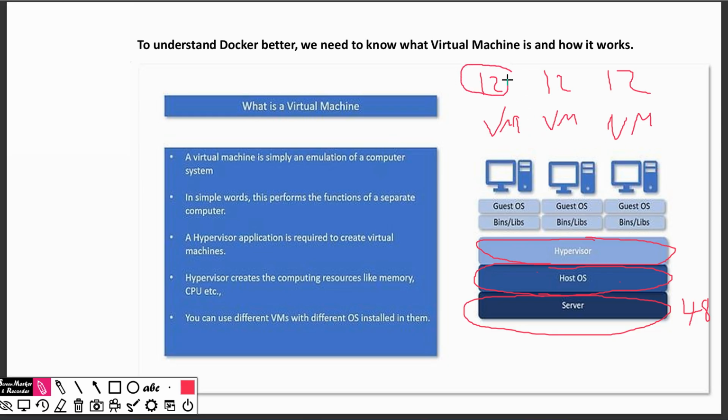Whatever space you allocate is fixed. It will be used dedicatedly for this VM. Means out of 48 GB, 12 GB is dedicatedly used for VM1, 12 GB for VM2, and this 12 GB for VM3.